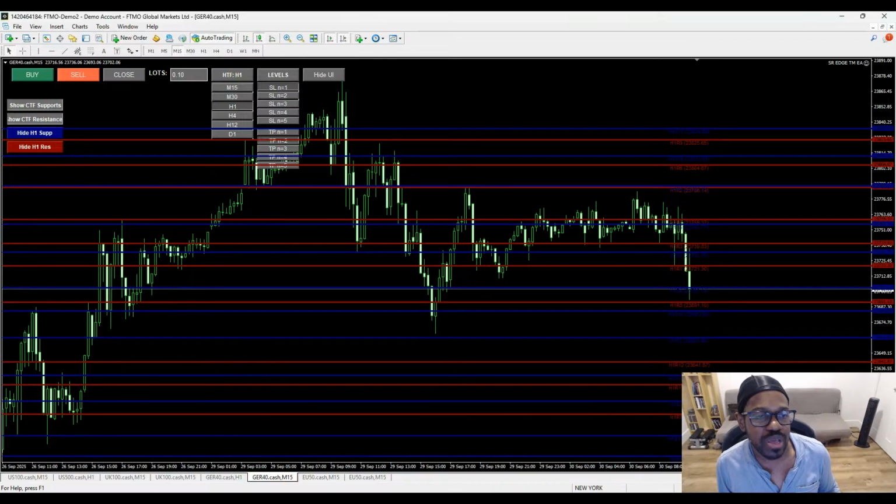So if you're placing a trade on a buy or a sell, and let's say you're putting your stop loss at 1 level above or below the entry, your stop loss will be placed there. And if you are looking at the take profit, it will be the same thing.